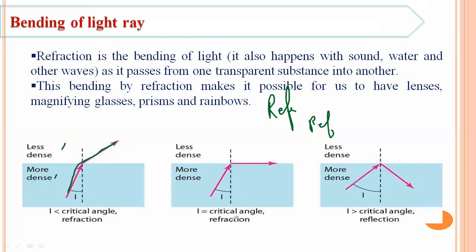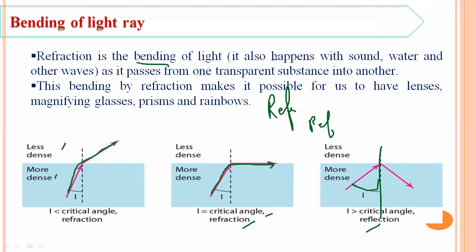Refraction is there when the angle of light is equal to the critical angle. Then reflection happens when the angle of light is greater than the critical angle, the angle with the base. So this reflection will happen.